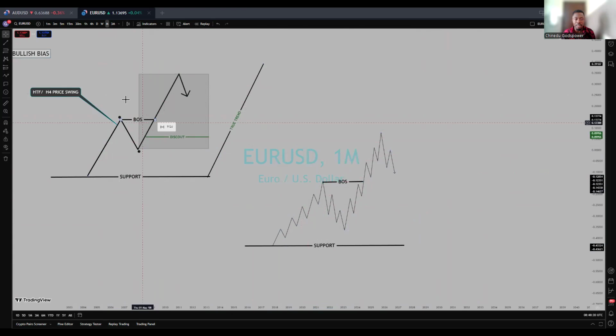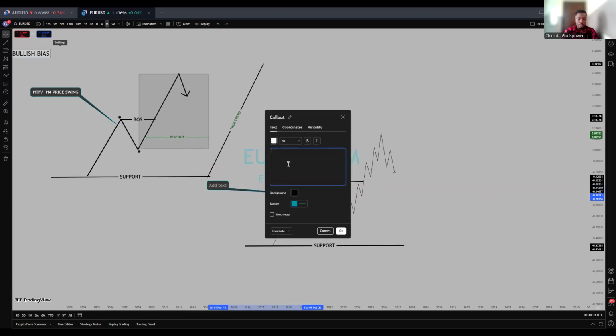Remember, this is the same thing with this. We're mimicking this, but this is on a 15 minutes time frame, lower time frame. So I'm gonna write out the LTF, 15 minutes, M15 price swing.